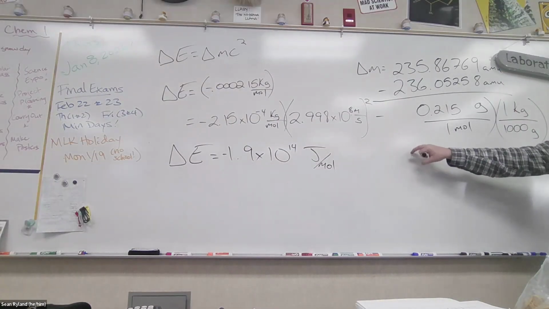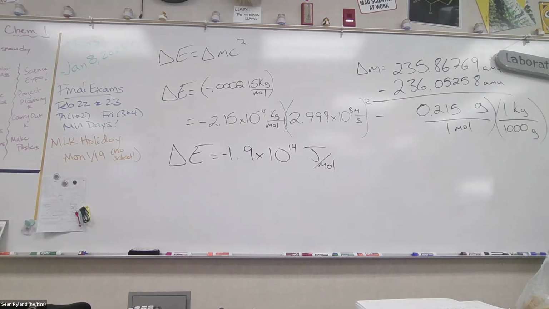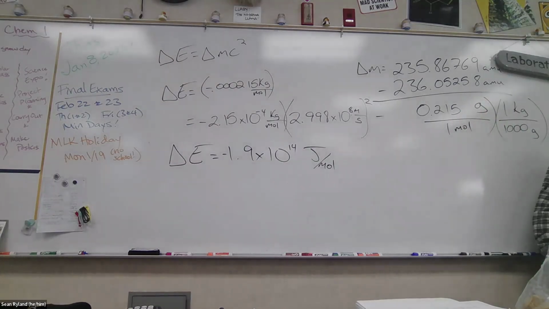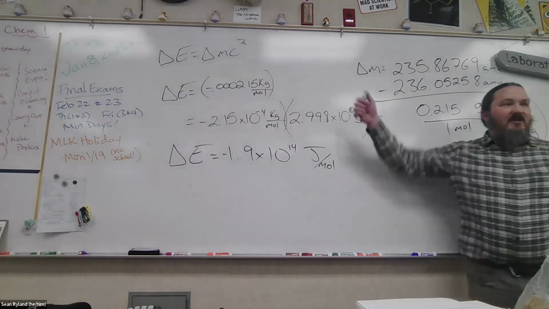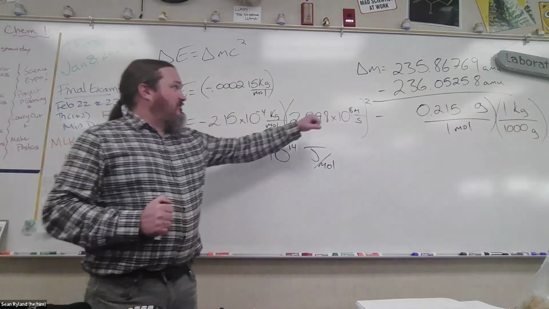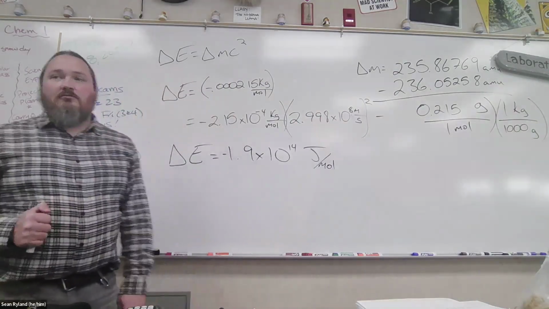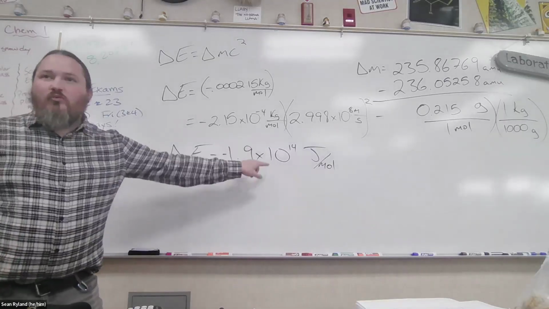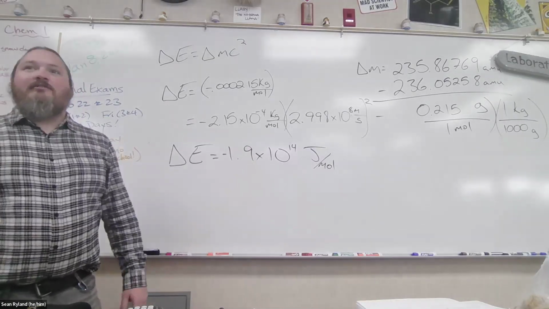So these problems aren't too tricky as long as I give you this table, right? As long as I give you the table of products and reactants and their masses with lots of sig figs, you add them up, products minus reactants, plug them in for delta M. And then it's just speed of light squared. That's still a really big number.